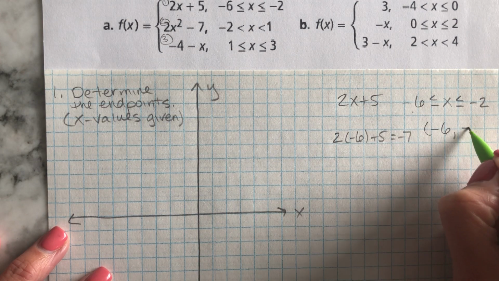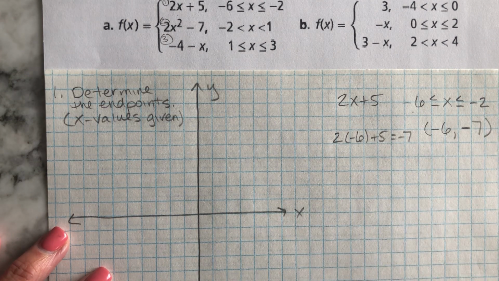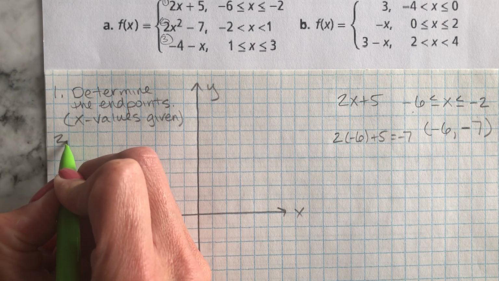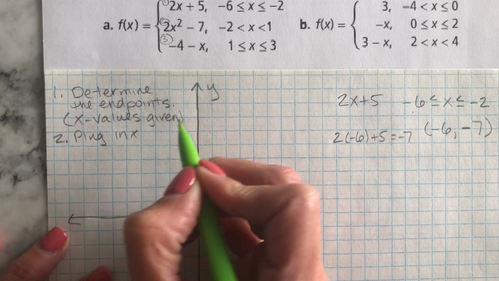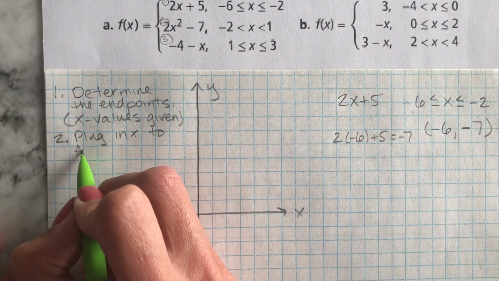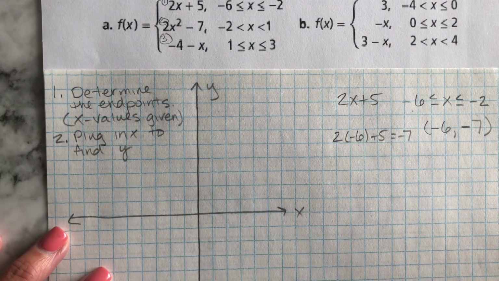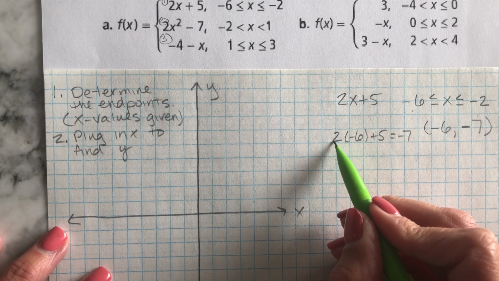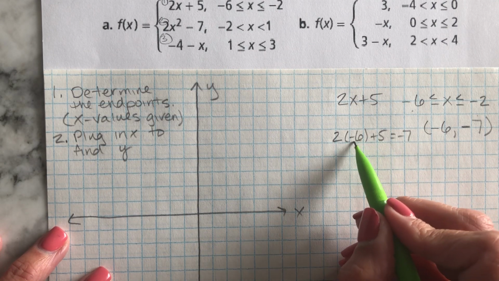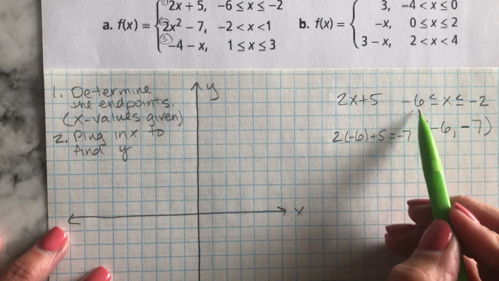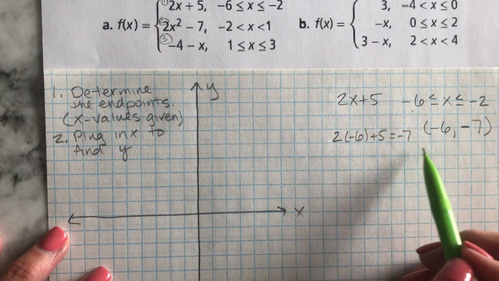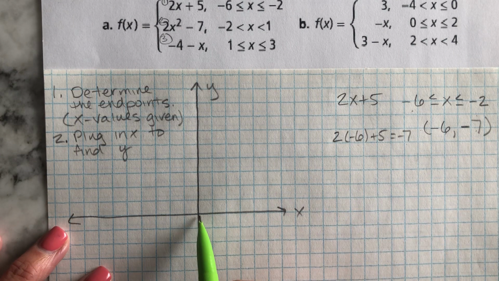So my point is -6, -7. That was step 2: plug in x to find y. My x was -6 here, so -6, -7. Let's plot that.